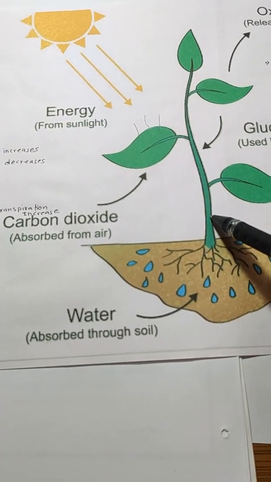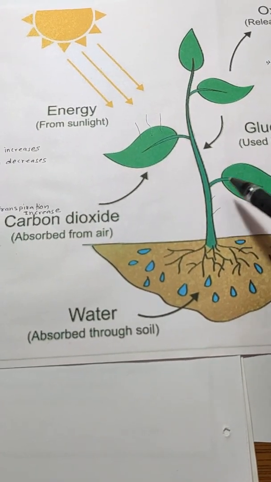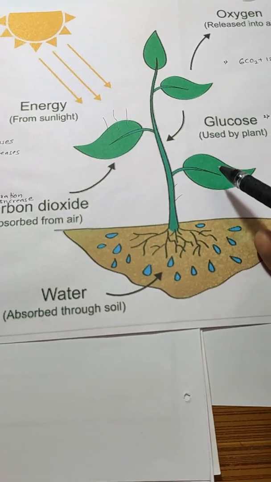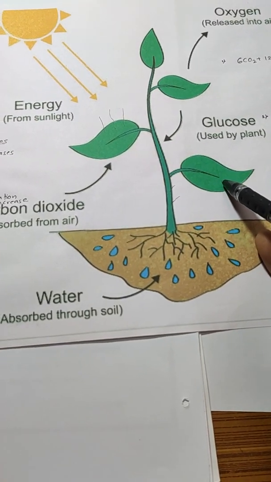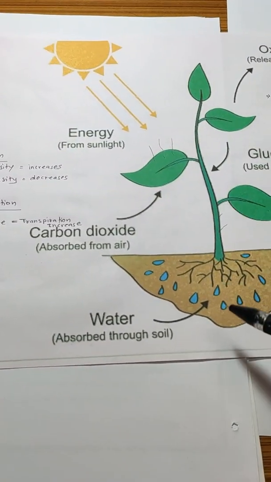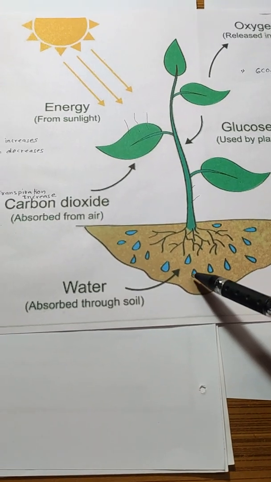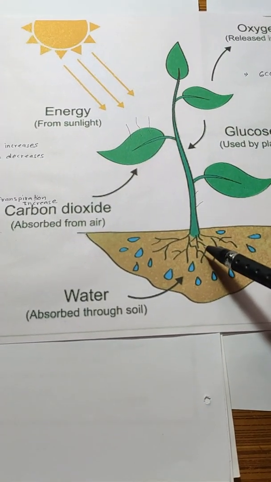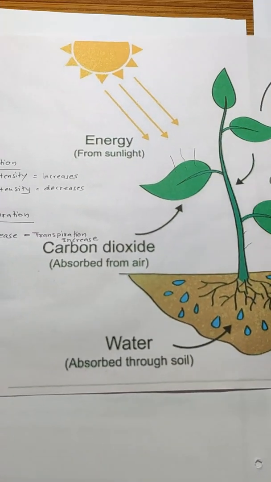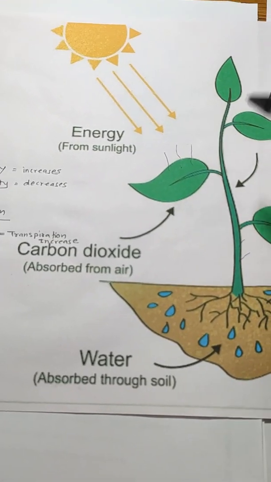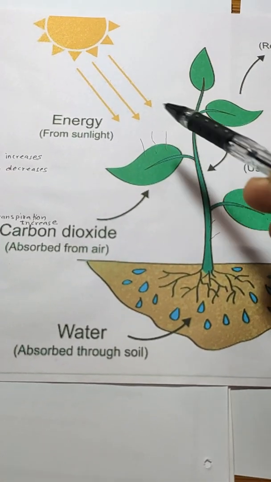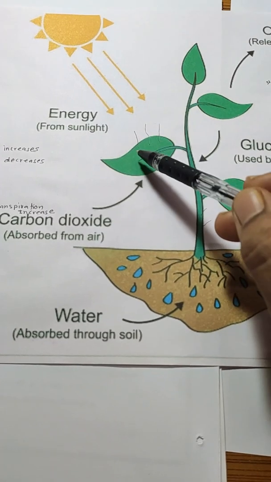Transpiration takes place through the stem and through the leaf. About 97% of the water absorbed by roots is transpired into the atmosphere. So the rate of transpiration depends on the temperature.